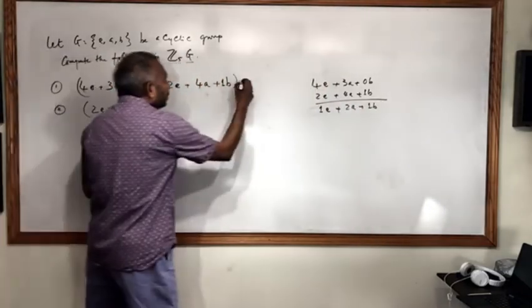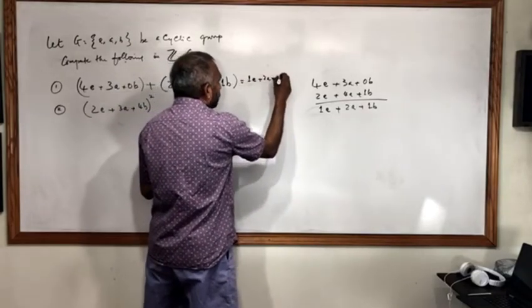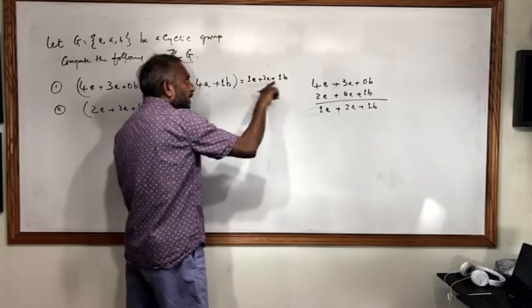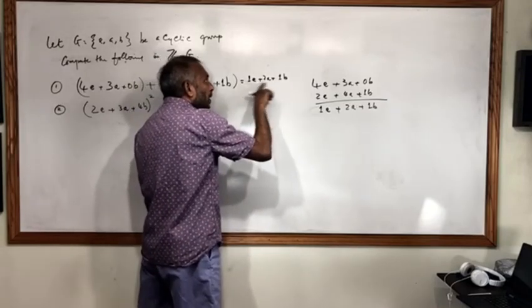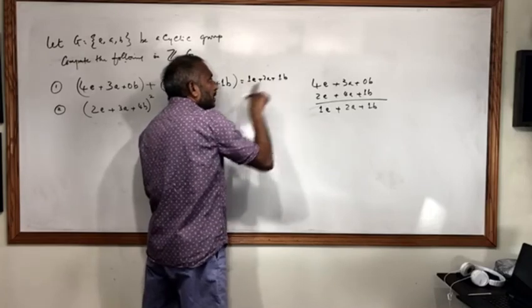So this is equal to 1e + 2a + 1b. We need to write it like this. We cannot reduce further. This is not e + 2a + b.